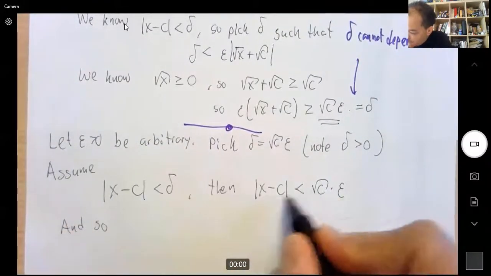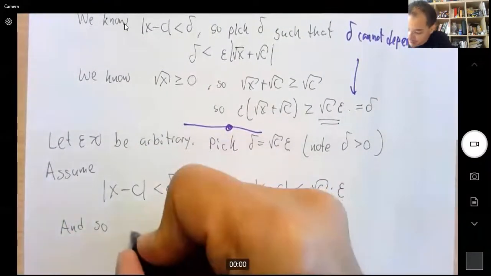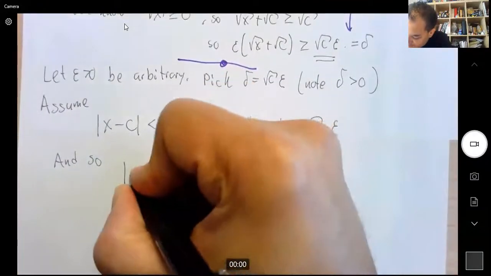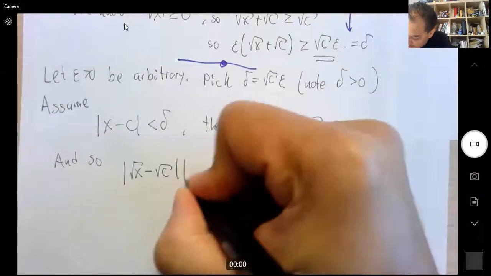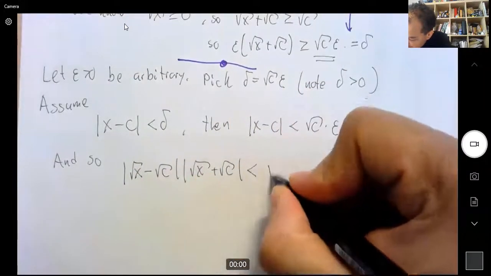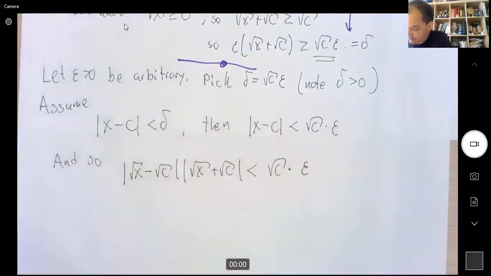And so if I factor x minus c, I can factor it as |root x minus root c| times root x plus root c, which is less than root c times epsilon.